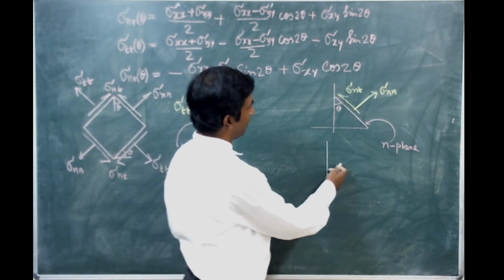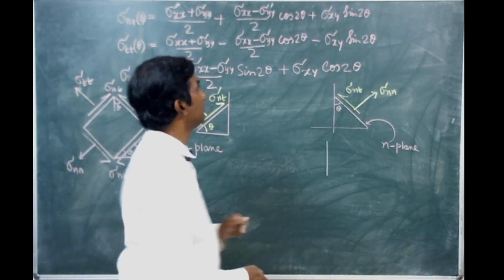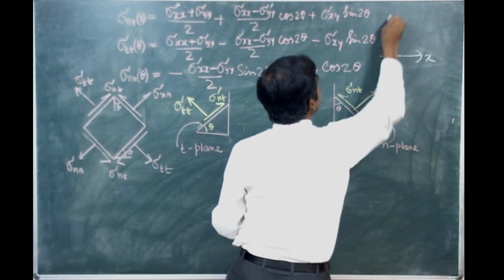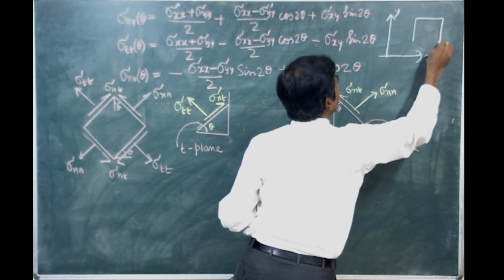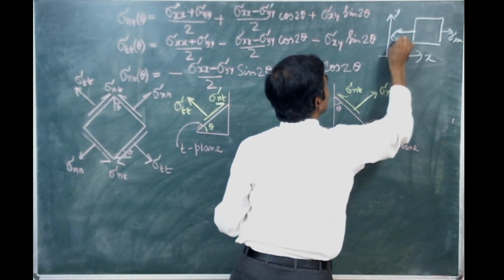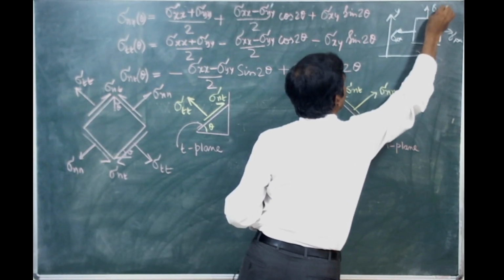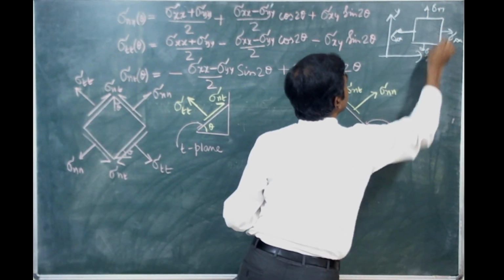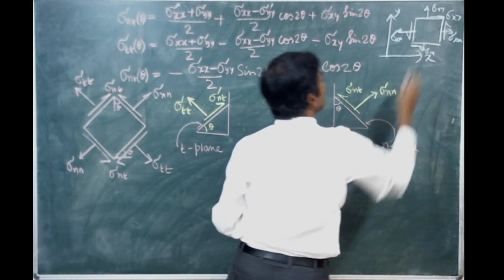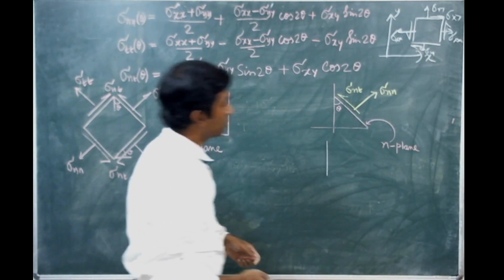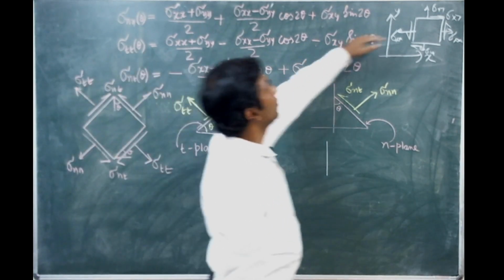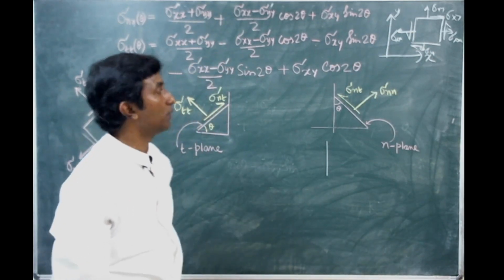So at that time the n plane coincides with the x plane, because we have chosen the components with respect to x and y axis, where we choose sigma xx, sigma yy and sigma xy. So there would be something like that. Okay. So it coincides with that. On the other hand, when theta becomes 0, the t plane coincides with the y plane.